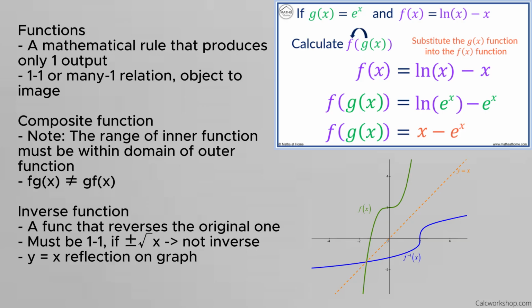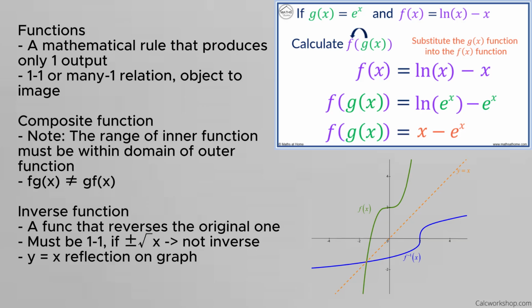A composite function means you combine functions: you put one equation in as the input of the other function. And you need to realize that the range of the inner function must be within the domain of the outer function, because if the range of the inner function is not within the outer function's domain, then the composite function will not exist.